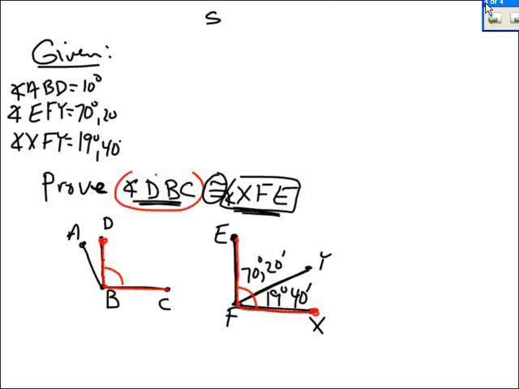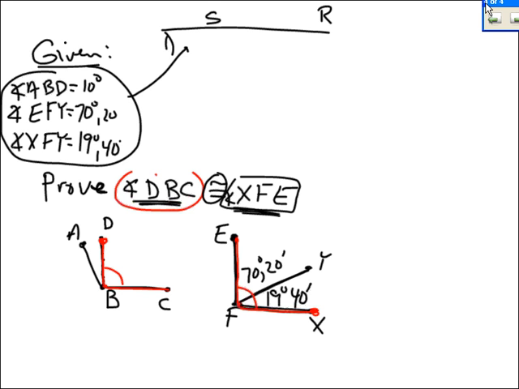Okay, so statements and reasons. The first statement is the givens. I'm going to stop writing this every time. Reason: they're given. Number 2.